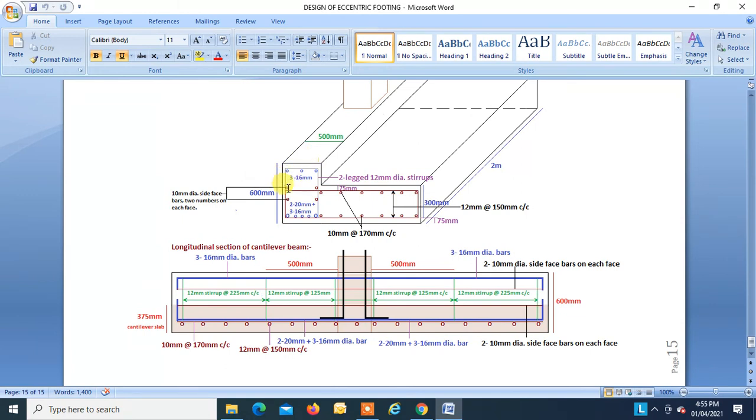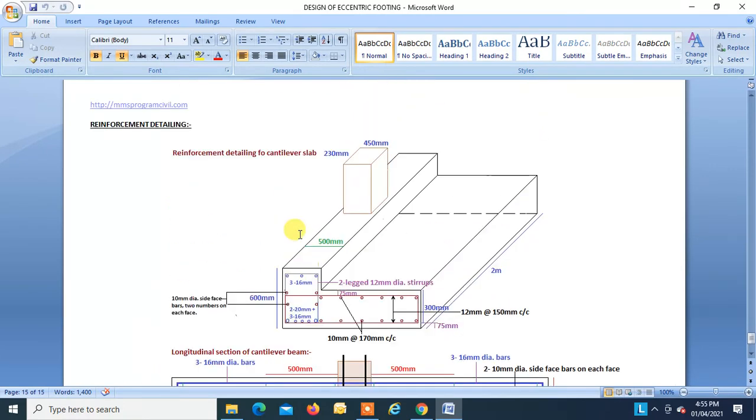So the spacing should not be greater than 300 mm in this case, and ours is less than 300 mm, so it's okay. Now this horizontal line which I am showing over here are two 10 mm side face bars on each face, that is this bar. So this is how we do the detailing of the eccentric footing.